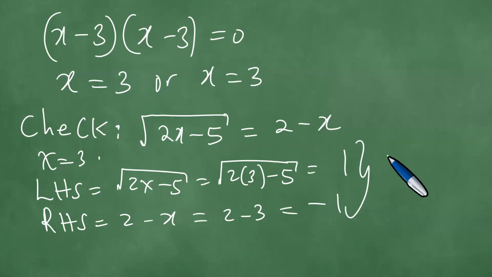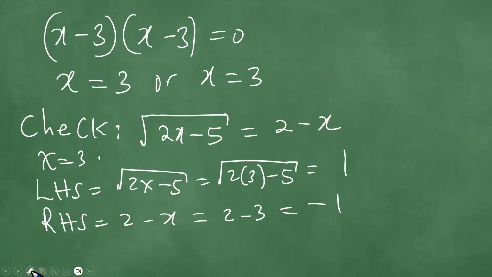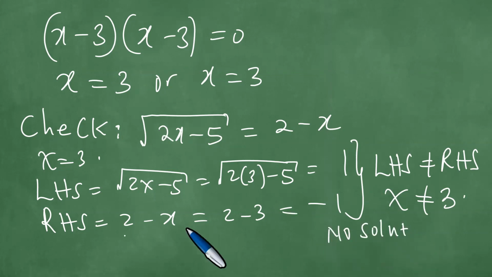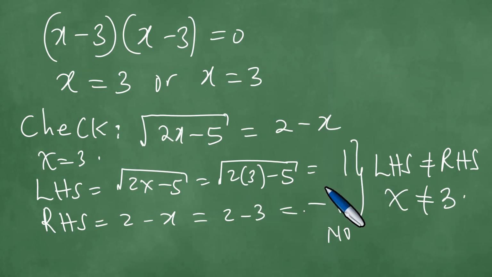The conclusion is that the left-hand side is not equal to the right-hand side, so x is not 3. Because it was only x equals 3, it means there is no solution. We expected x is only 3, but the 3 is not working because the left and the right are not equal. The left-hand side is 1, the right-hand side is minus 1. So the conclusion is that there's no solution.